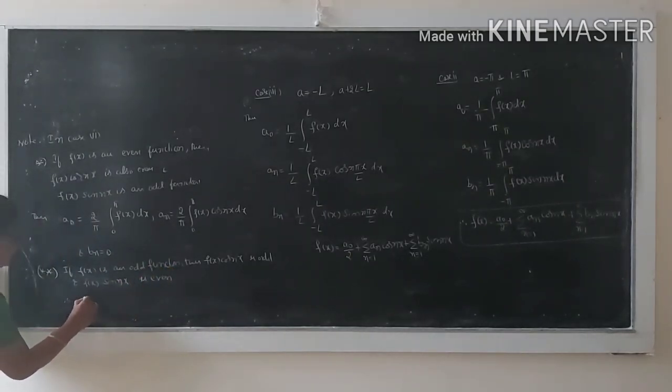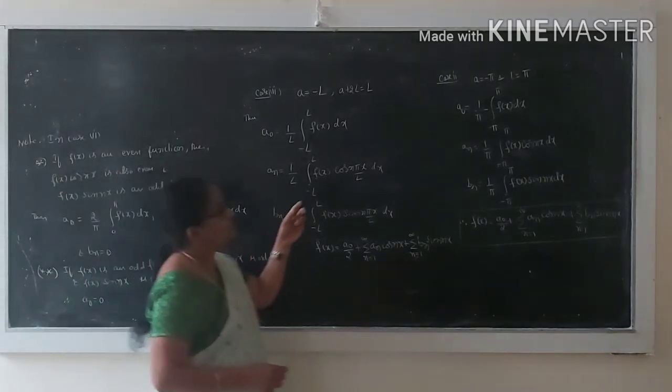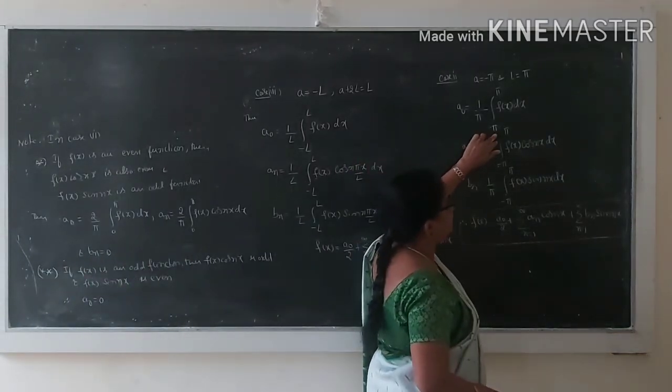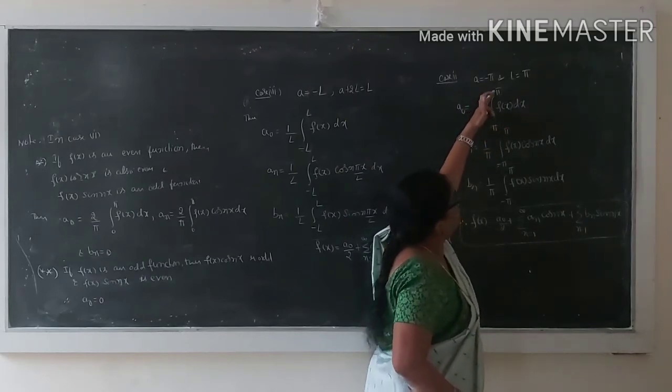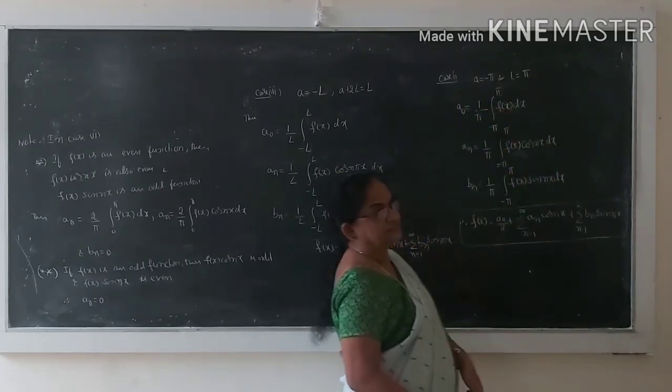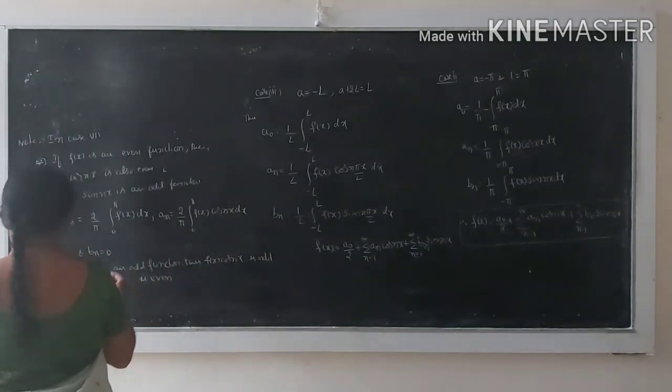Therefore, in this case a0 is equal to 0. a0 equal to 0 means, since this is an odd function, the integral from -a to a of f(x) dx is equal to 0. We know that property.